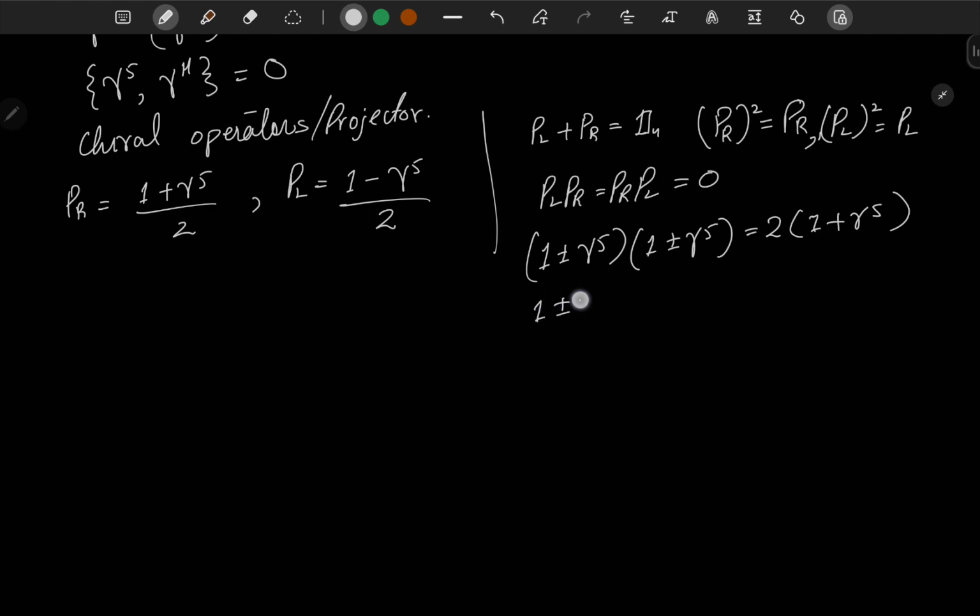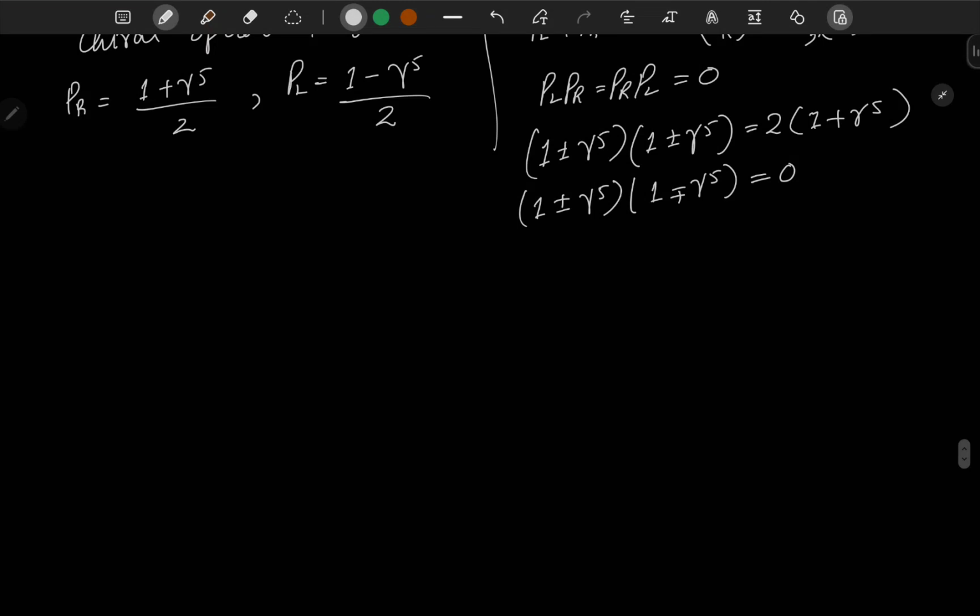And 1 plus minus gamma 5 times 1 minus plus gamma 5 is equal to 0.